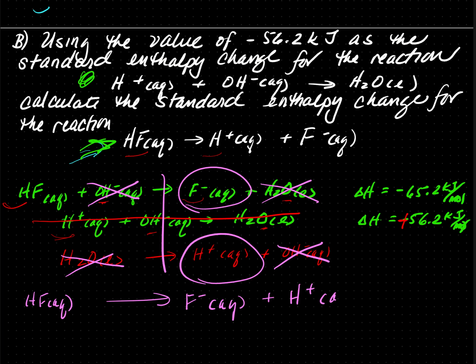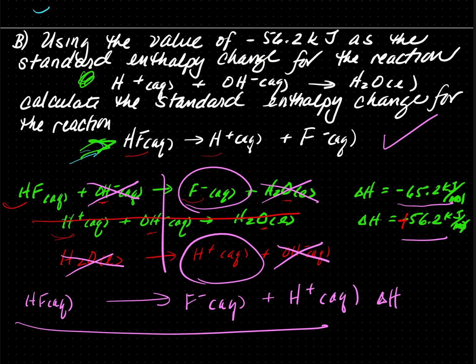So if I look at my equation, my overall equation looks like the equation that is given above. And so now I need to add delta H's. So this is a negative 65.2 plus 56.2 because we had to change the sign because we flipped the equation around. So we get negative 9.0 kilojoules per mole.